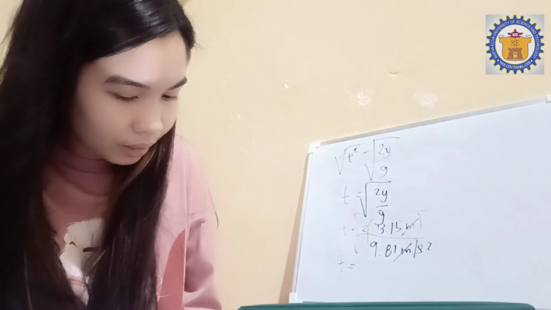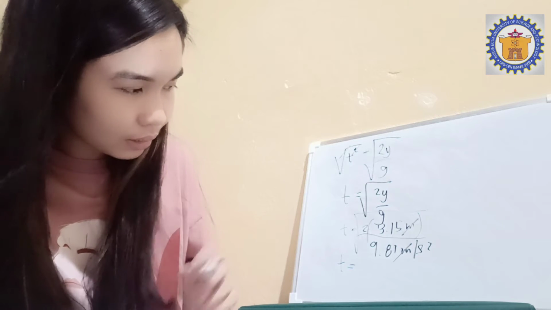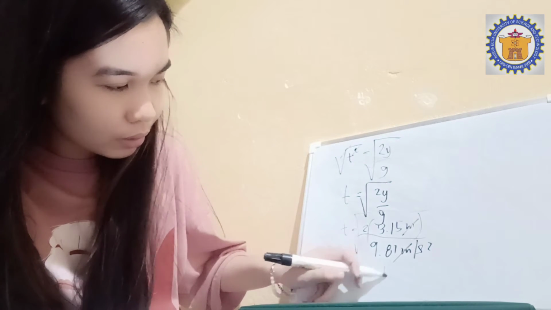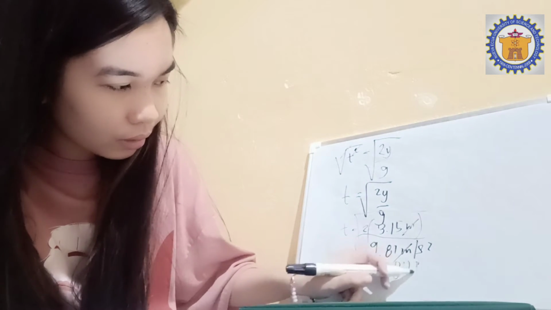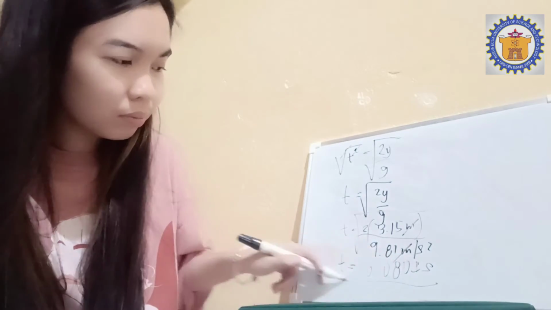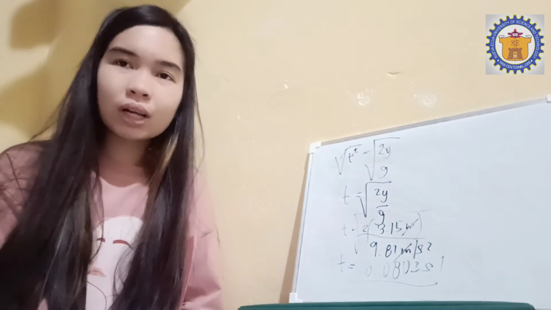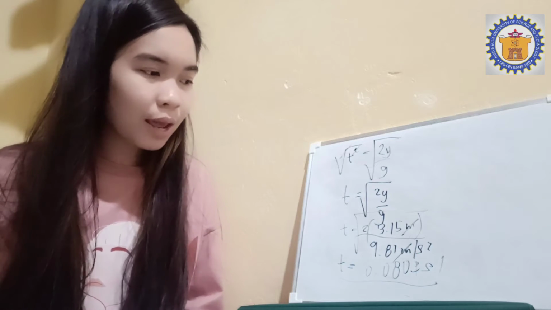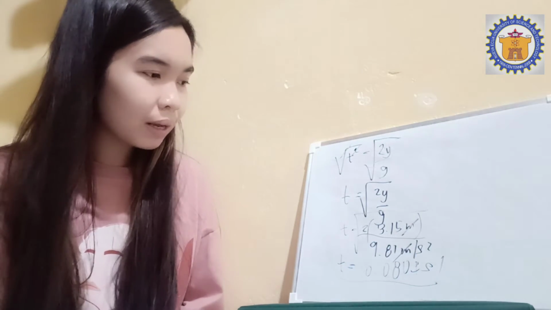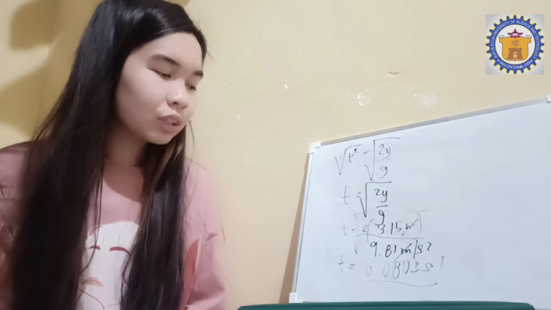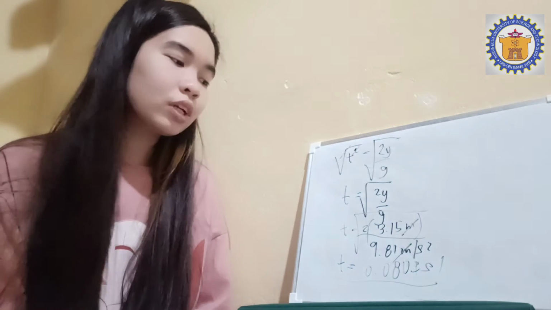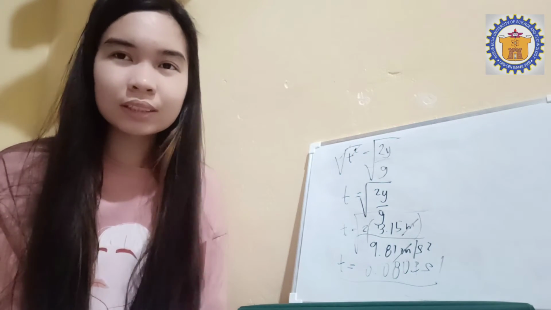So, yung magiging time natin for this is 0.0801 seconds. So, ito yung oras na kailangan ni lemon fruit para malaglag siya sa ground. Which is, time is equals to 0.0801 seconds.